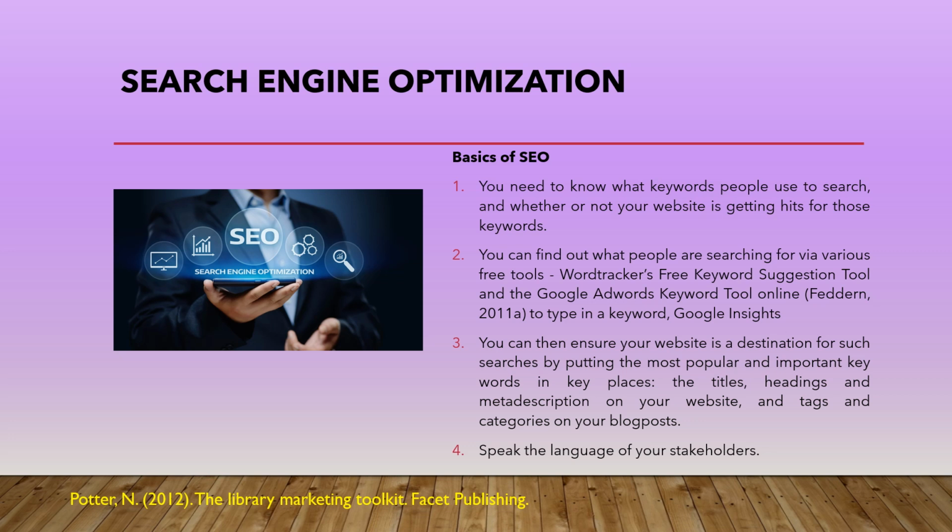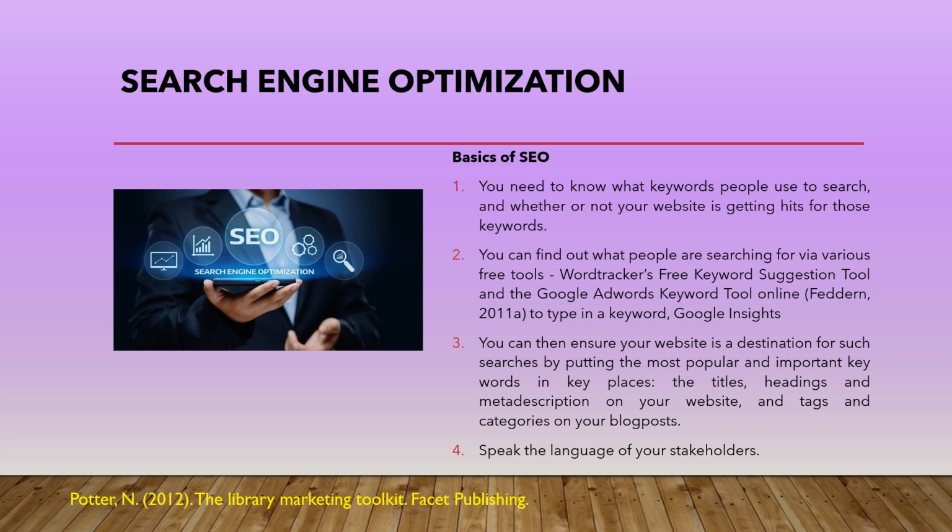First, you need to know what keywords people use to search and whether or not your website is getting hits for those keywords. So we have to find keywords that are very common for the users. You can find out what people are searching for via various free tools.